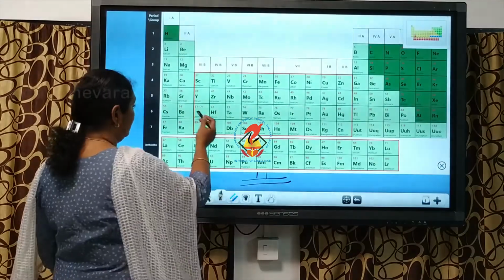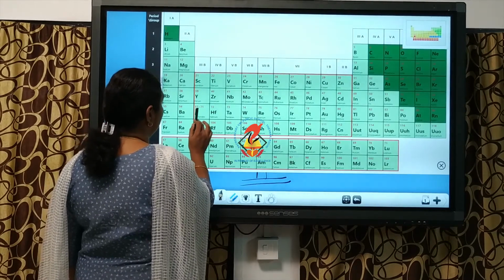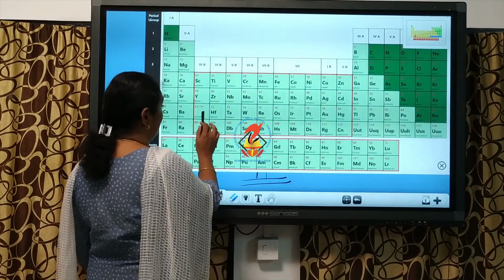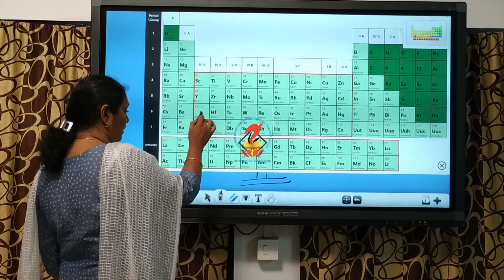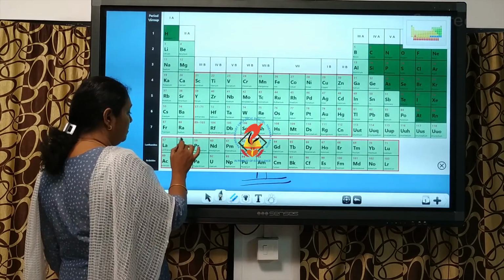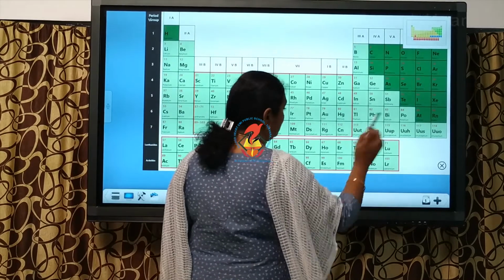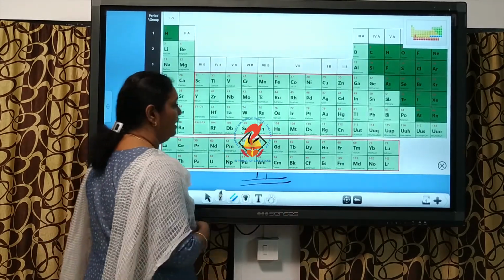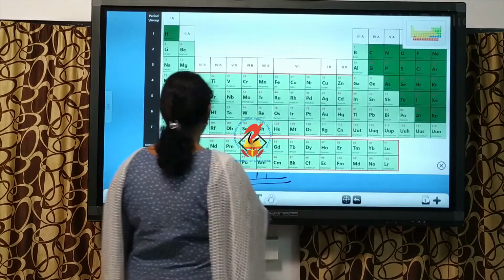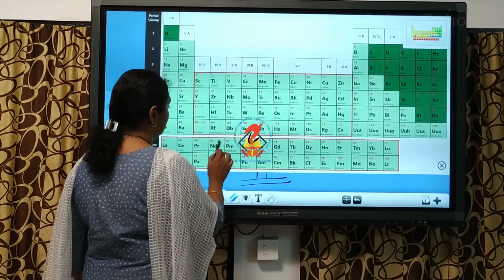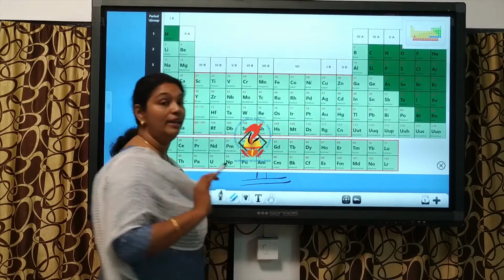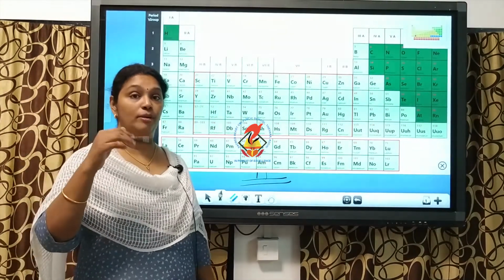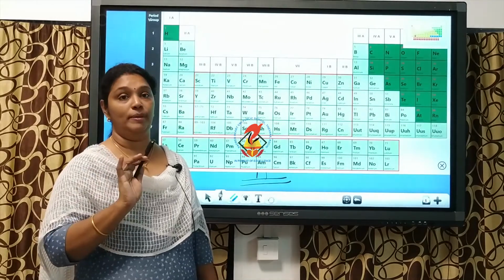You can see here, it's written 57 to 71, that is atomic number. 57 is actually placed here, lanthanum. 58, that is from cerium to lutetium. Cerium atomic number is 58, lutetium is 71. You count how many elements? 1, 2, 3, 4, 5, 6, 7, 8, 9, 10, 11, 12, 13, 14. 14 elements means each f orbital is getting filled.